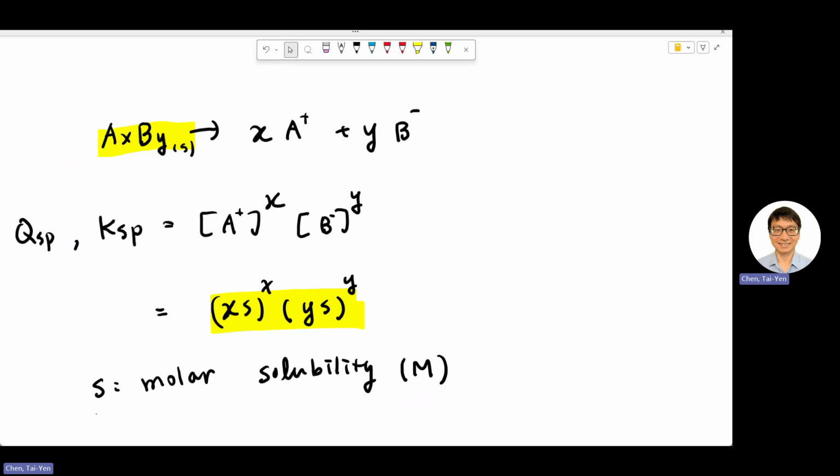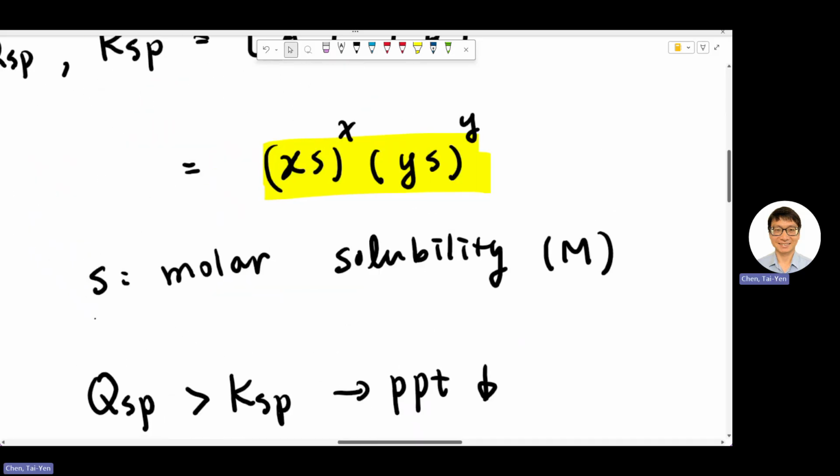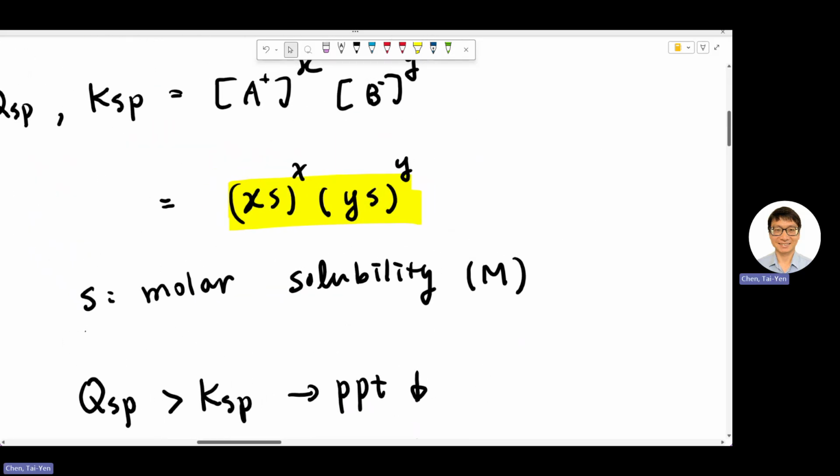That's the number one thing that we learn when we start this chapter. You need to become really good at it. One thing that's so important in this type of question is that very often you are given the so-called gram solubility.